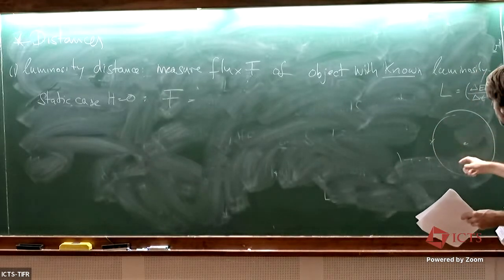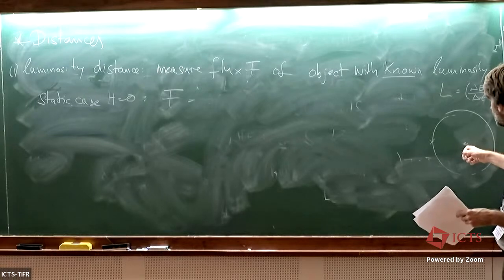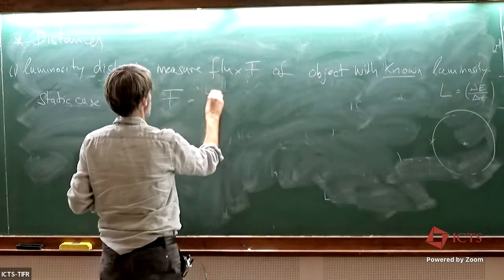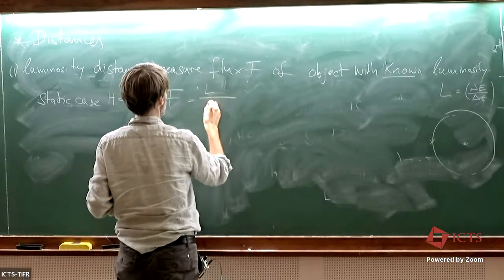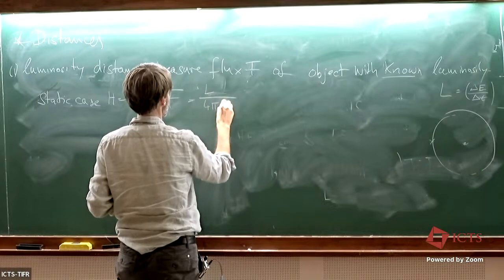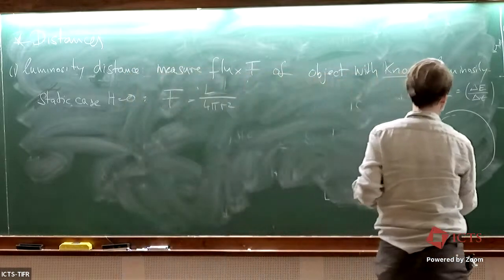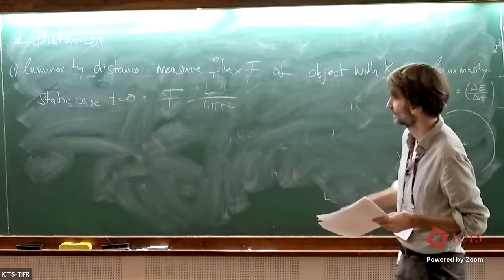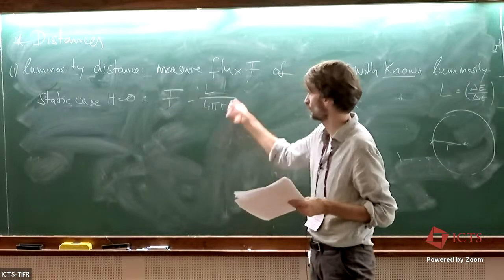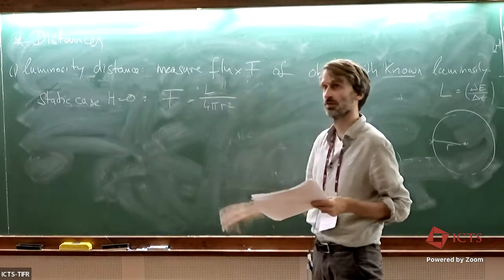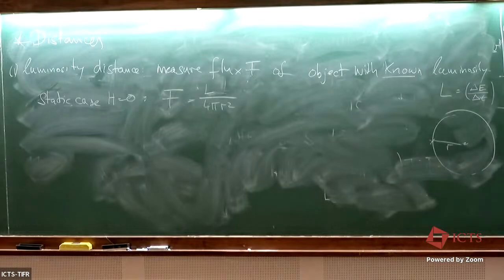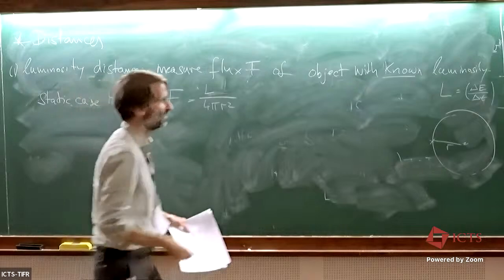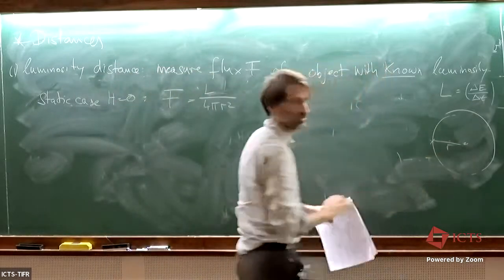So essentially to get the flux, you divide the luminosity by the surface area of that sphere. So it's luminosity divided by 4 pi r squared. Then to measure the distance, you simply measure the flux and use this formula because you know the luminosity, and that's how you get the distance. That's how you could do it in the static case. In the static case, of course, you could just use your yardstick and measure it anyhow.